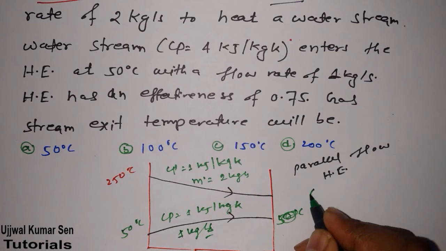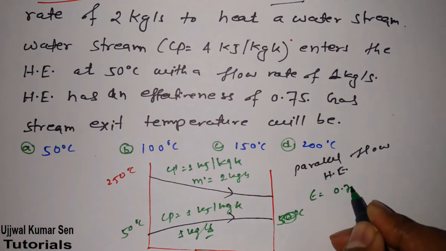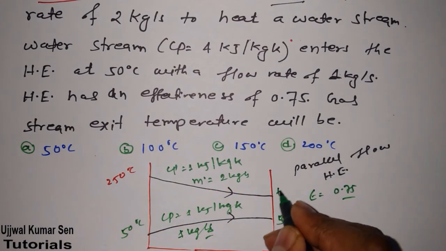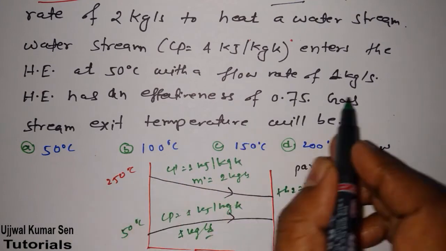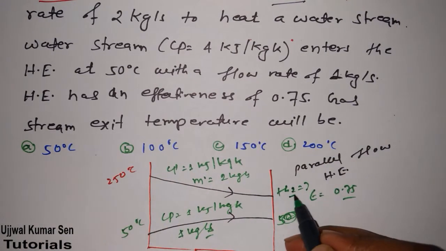If effectiveness, that is epsilon, is equal to 0.75, then TH2, that is the gas stream temperature, is equal to what?